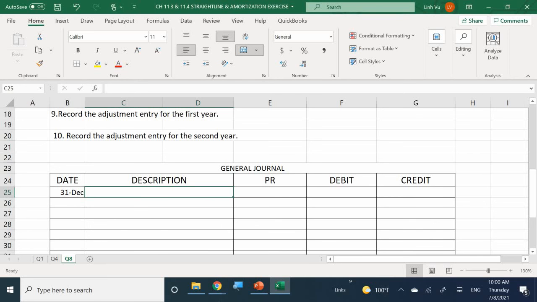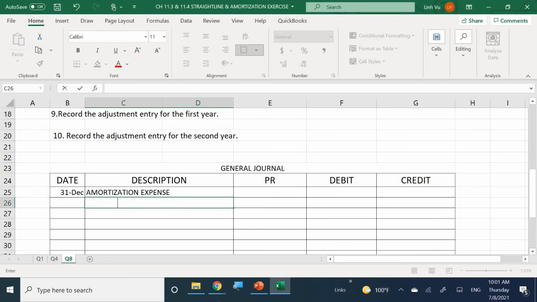Depreciation expense and accumulated. No, that's amortization. What was that, Nathan? That's amortization expense. Yes. So remember, in this context it acts just like depreciation, but we need to remember that this is an intangible asset, so we just swap the names out.